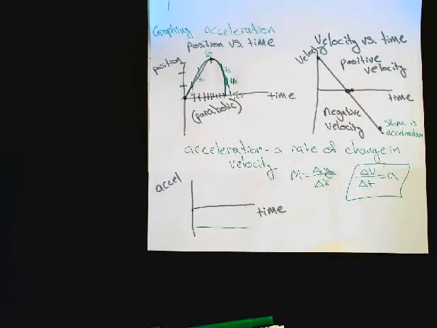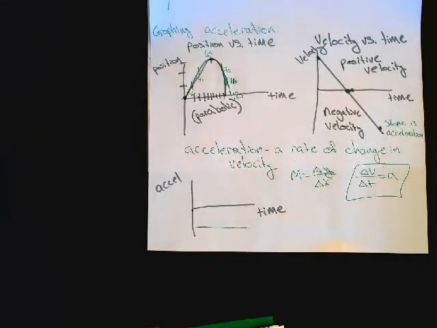So continuing with another example, what's it going to be? Both negative. Because I'm going in the negative direction, so velocity has to be negative. And I was speeding up, so the acceleration must have the same sign as the velocity, meaning both would be negative. Okay, one more.